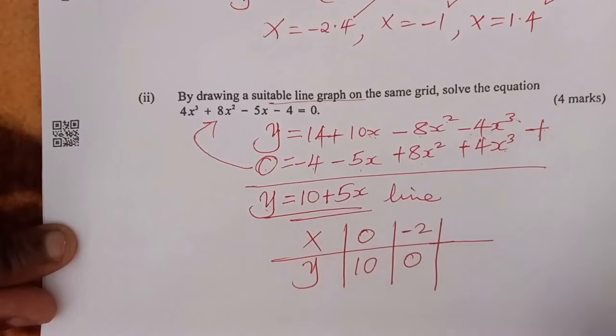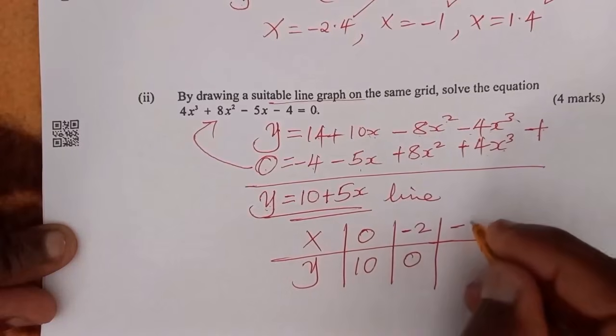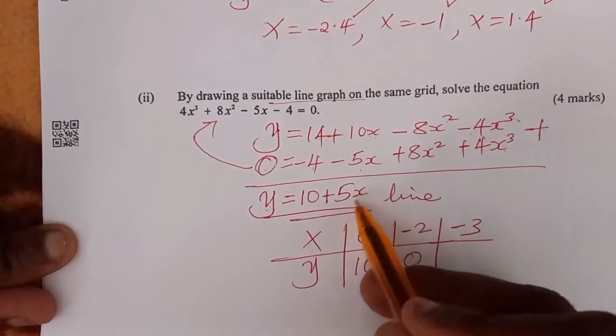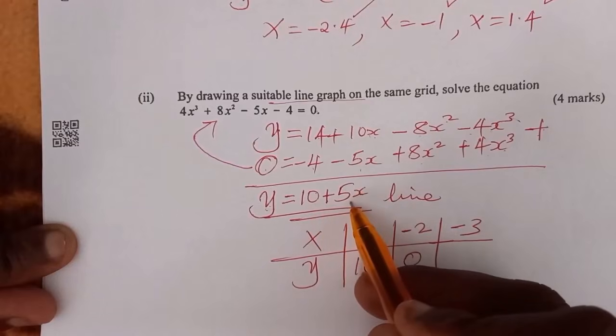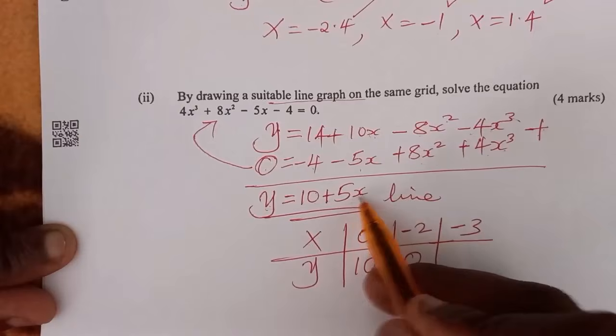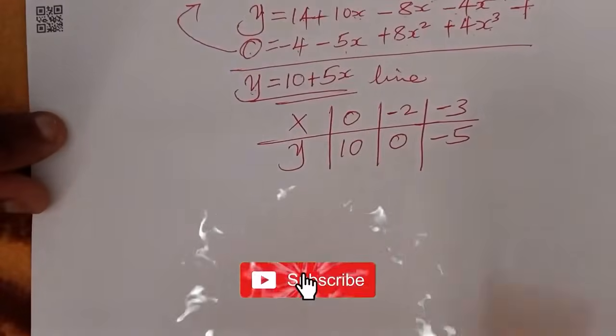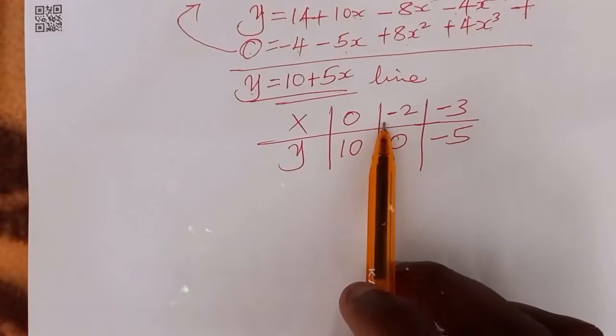Then look for another one. When x is negative 3, this will be 10 minus 15, which is negative 5. So now using these, you can draw that straight line and get the solution.